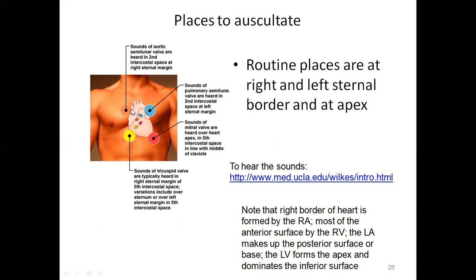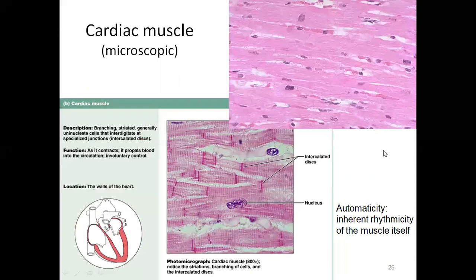See over here, we can hear the sound of the aortic semilunar valve, which is heard at the second intercostal space. Here we can hear the sound of the pulmonary semilunar valve, and so on. See, the right border of the heart is formed by the right atrium.